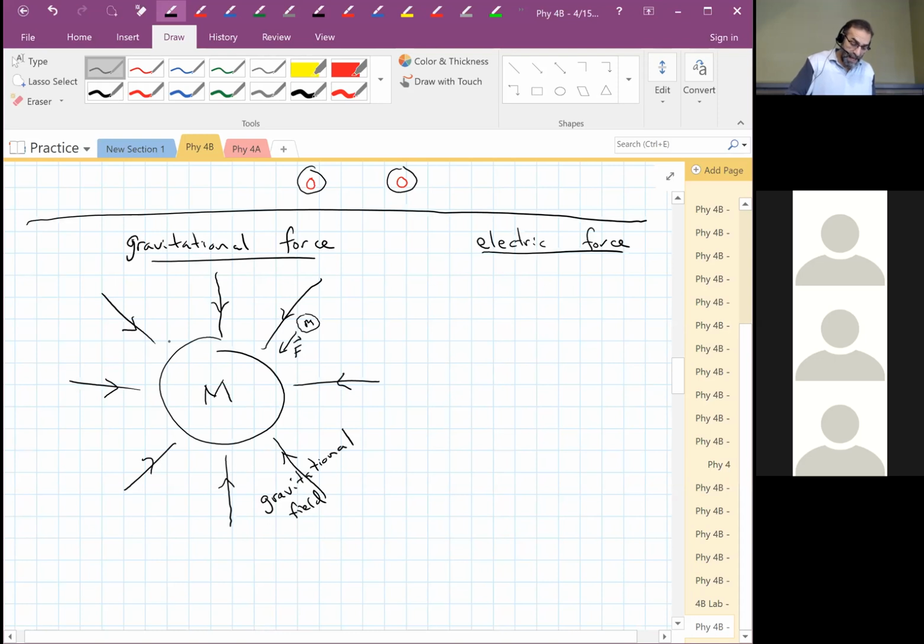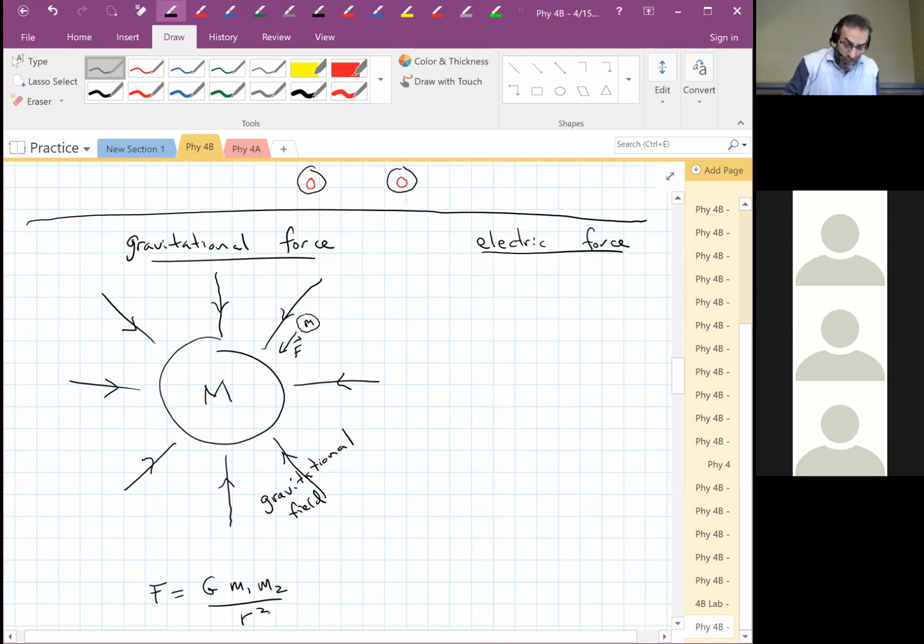So if we stuck a mass over here, it would go towards the other mass, so our gravitational field line points in that direction. That helps us wrap our heads around how these two objects can exert a force on each other without touching. One of them fills the space around it with a gravitational field. The other one interacts with that field and feels a force because of that interaction. And our force here was G m1 m2 over r squared.